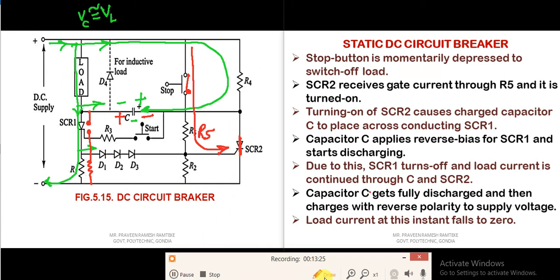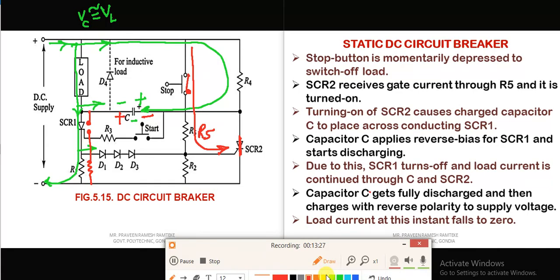Means we can say that when the voltage across the capacitor is negative, then we can say that load current, say IL, is equal to 0.